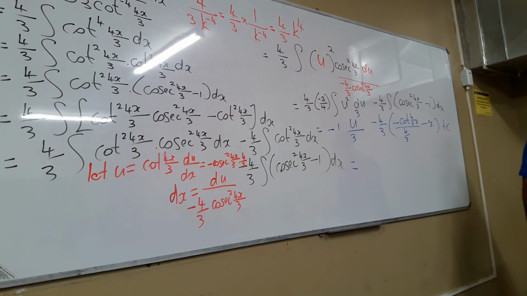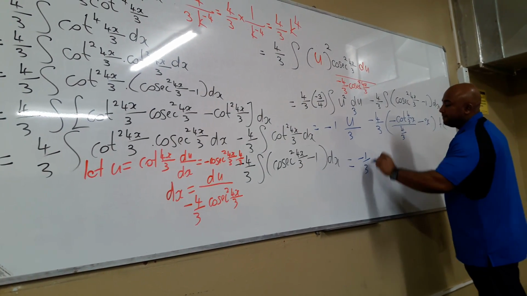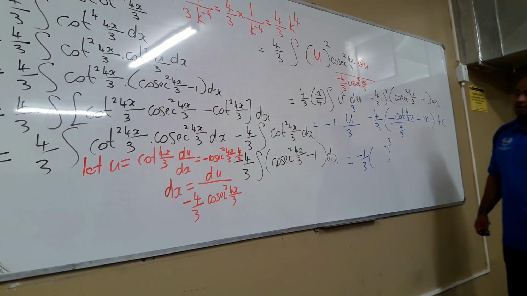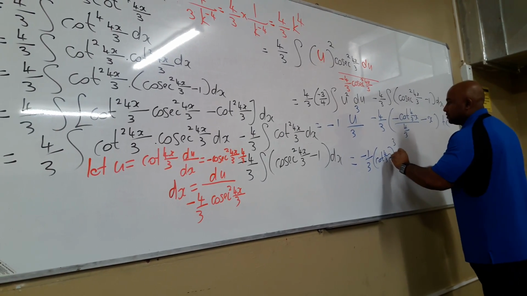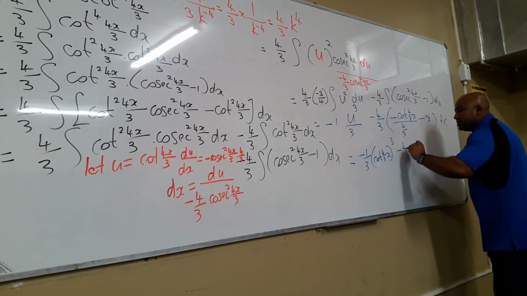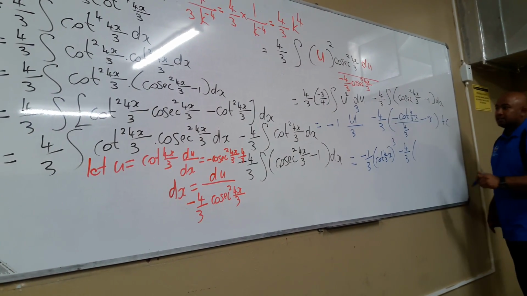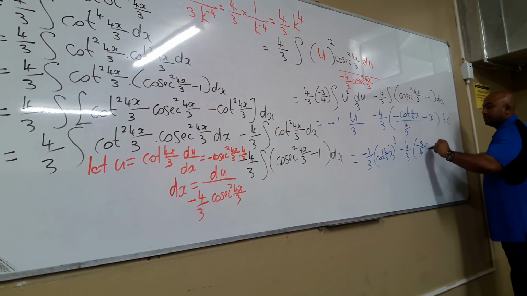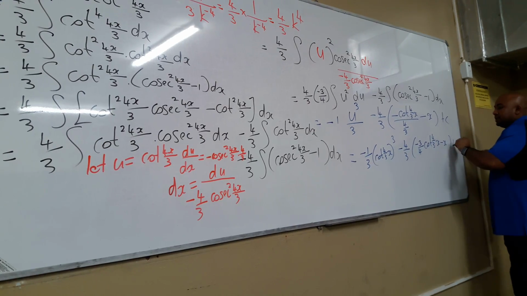Now let me just substitute back. So this becomes minus 1 over 3. What was u? U was cot. This is minus 4 over 3. If I invert and multiply here, this will be minus 3 over 4 cot 4 over 3x minus x plus c.